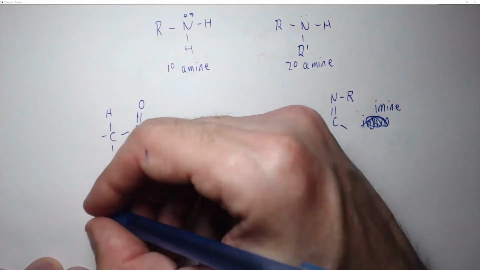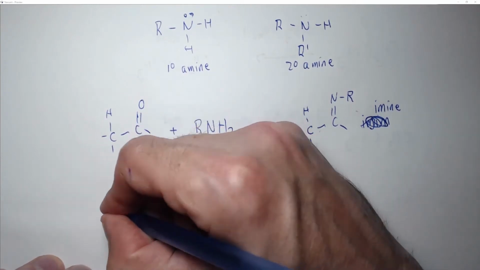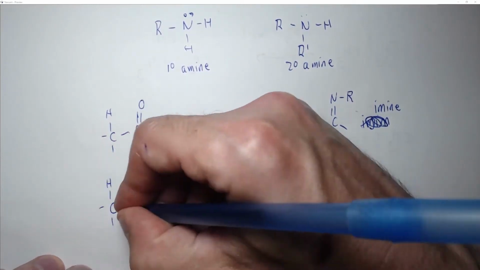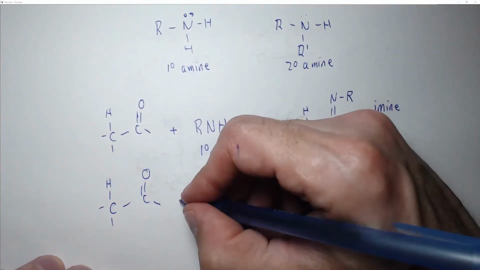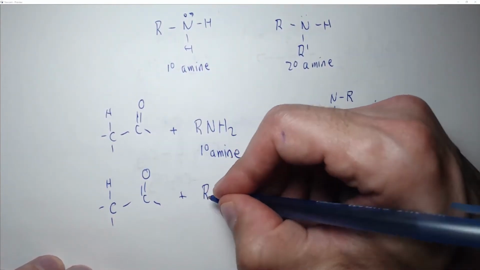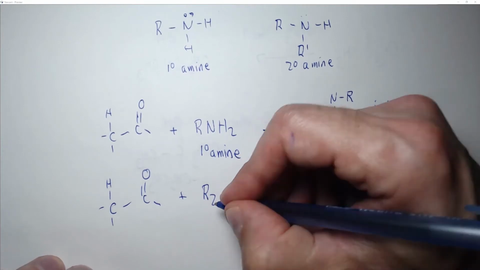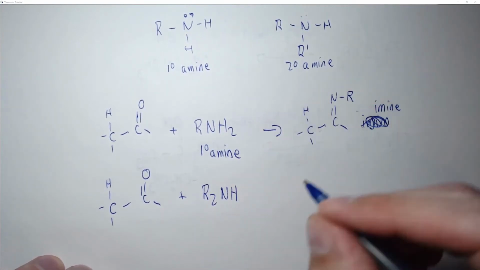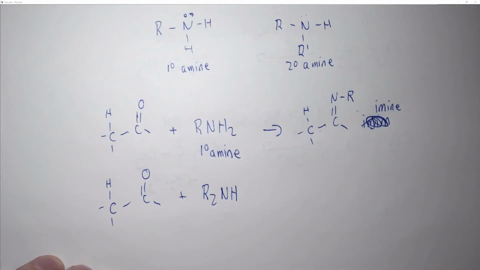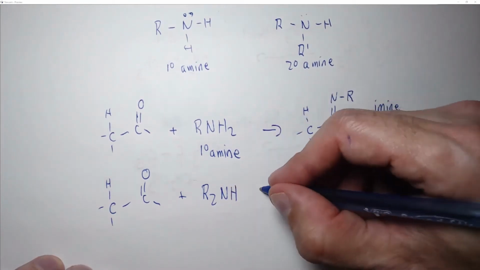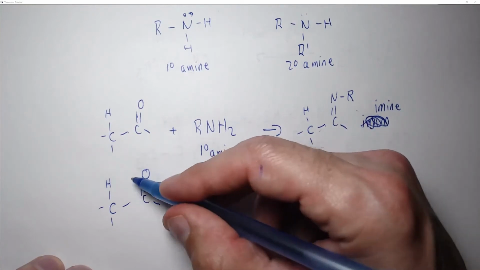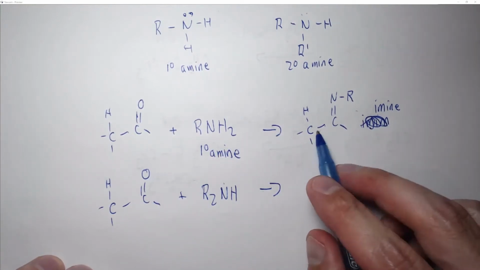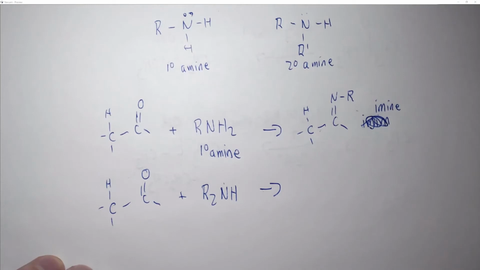Now, what happens if we use a secondary amine? So we need this again. And you'll see why this is now being written out when you see this one. Here we have R2 and H. Now, it doesn't necessarily have to be that these two R's are the same, but for simplicity, they will be. And again, we have this lone pair, and again, this lone pair can attack and kick this up here. But in this case, we actually end up with a double bond here.